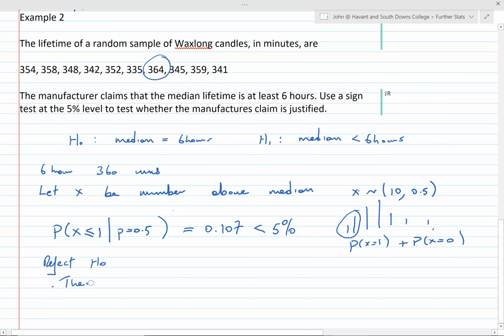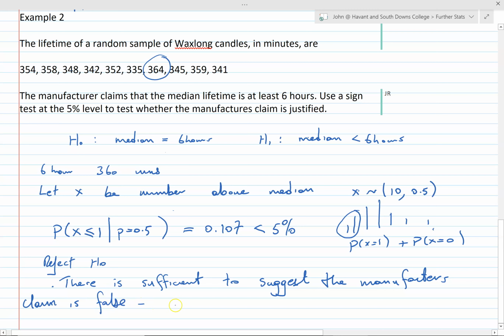There is sufficient evidence to suggest the manufacturer's claim is false.